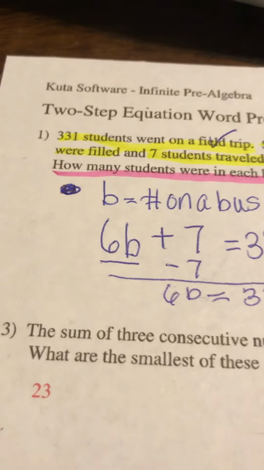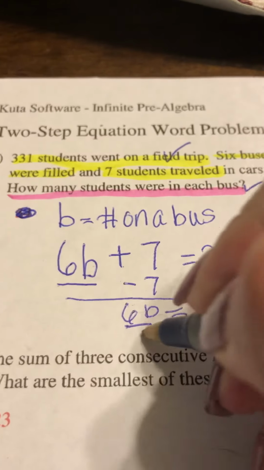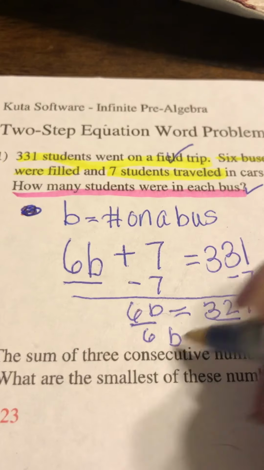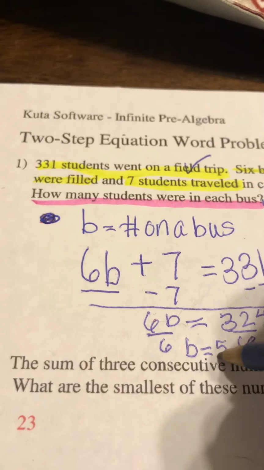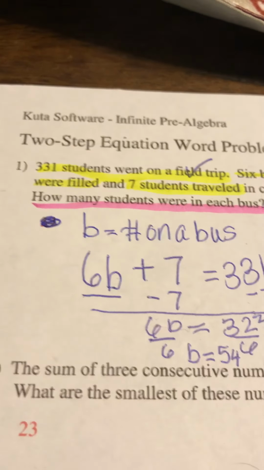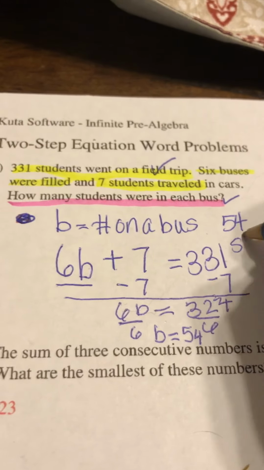And then I'm multiplying 6 times B, so I'm going to divide by 6. And I'm going to get B is equal to, 6 goes into 32 5 times with 2 left over, and 6 goes into 24 4 times. So 54 students on a bus.